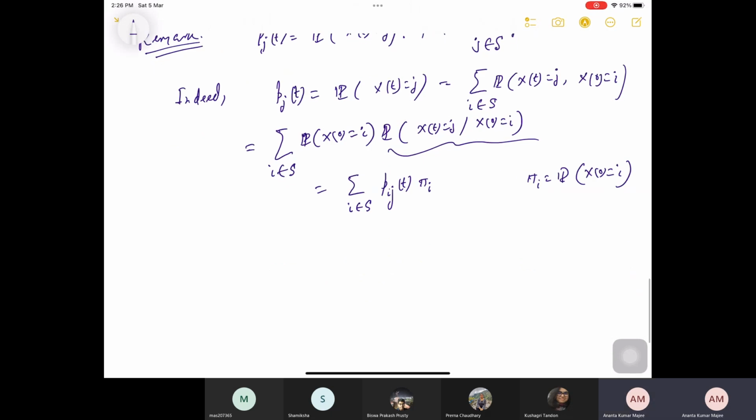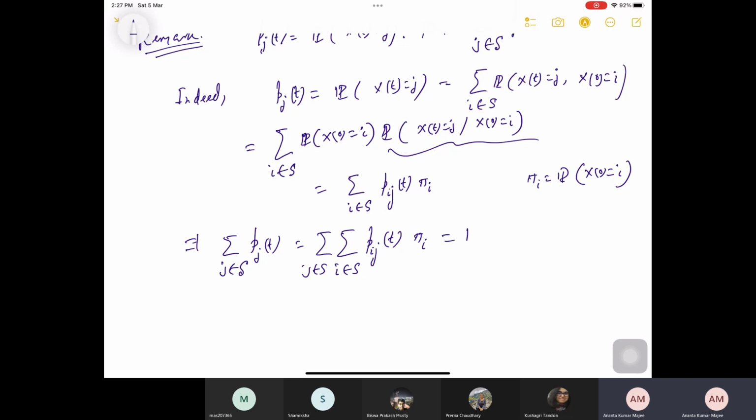So this implies the summation over j in S of p_j(t) is the summation over i in S, summation over j in S, of p_ij(t) times pi_i. Now the summation over i of pi_i should be 1, because X(0) takes values in the state space, so the total probability should be 1.